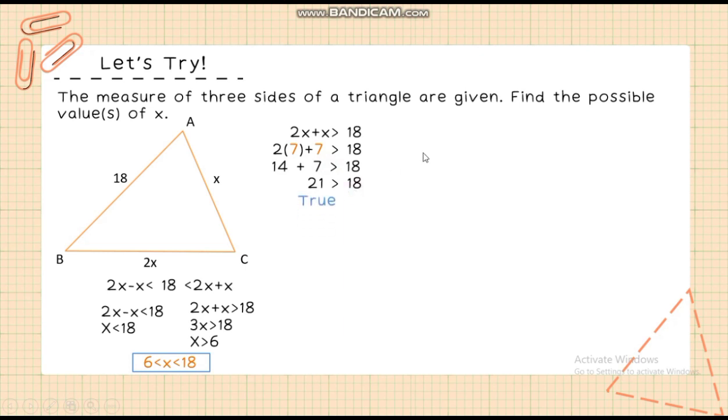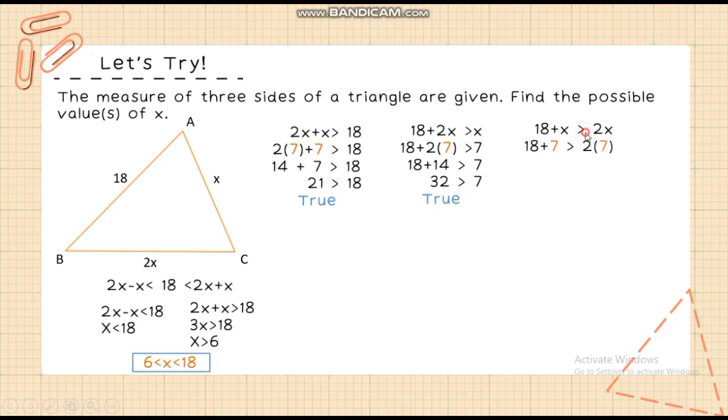Let's have another pair, 18 and 2x. Substitute 7, so 18 plus 14 is 32, which is greater than 7, which is true. Let's have another pair, 18 and x.